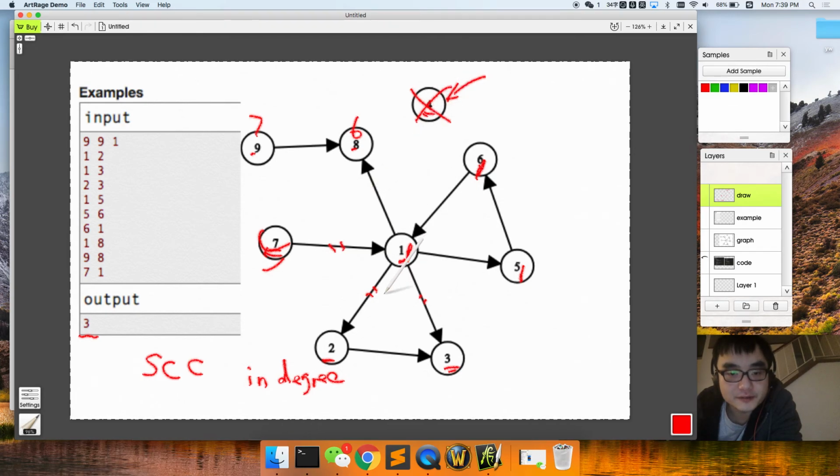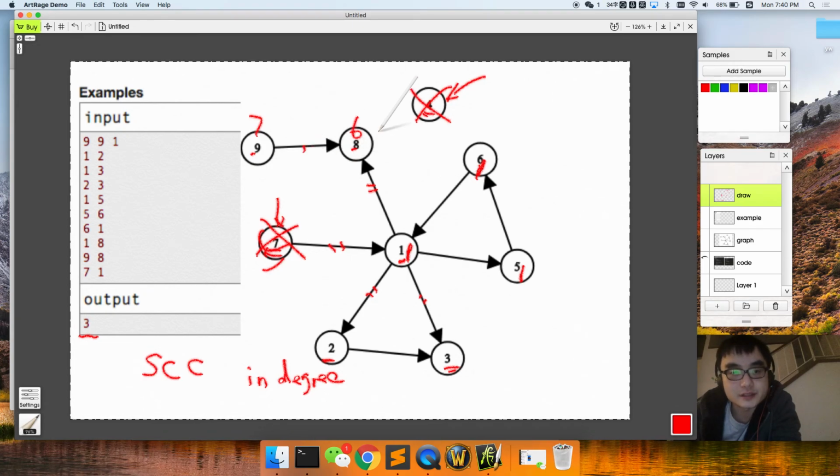And what about the 5? SCC5 is here. So no in degree for this guy. So we add a road to this SCC as well. And how about the 6? SCC6 has 2 in degree, right? This one and this one.